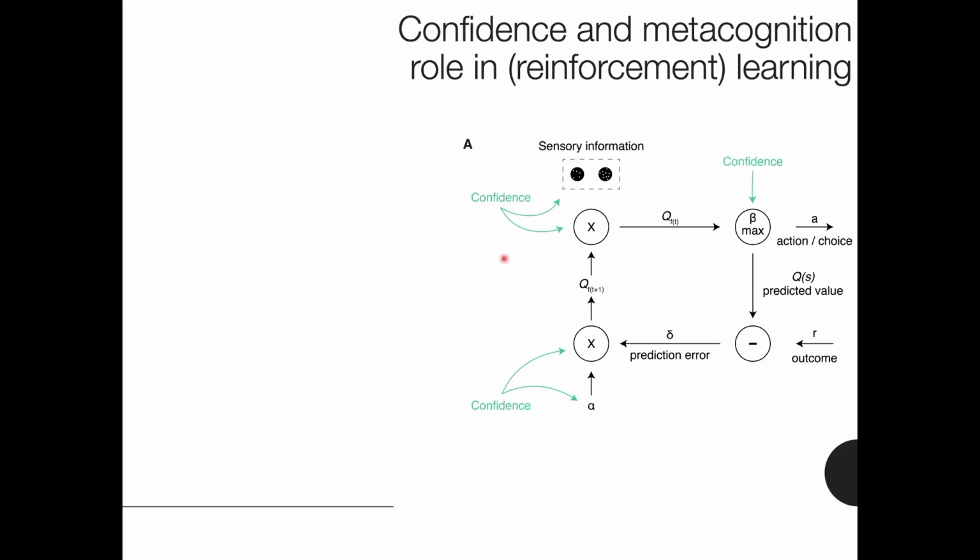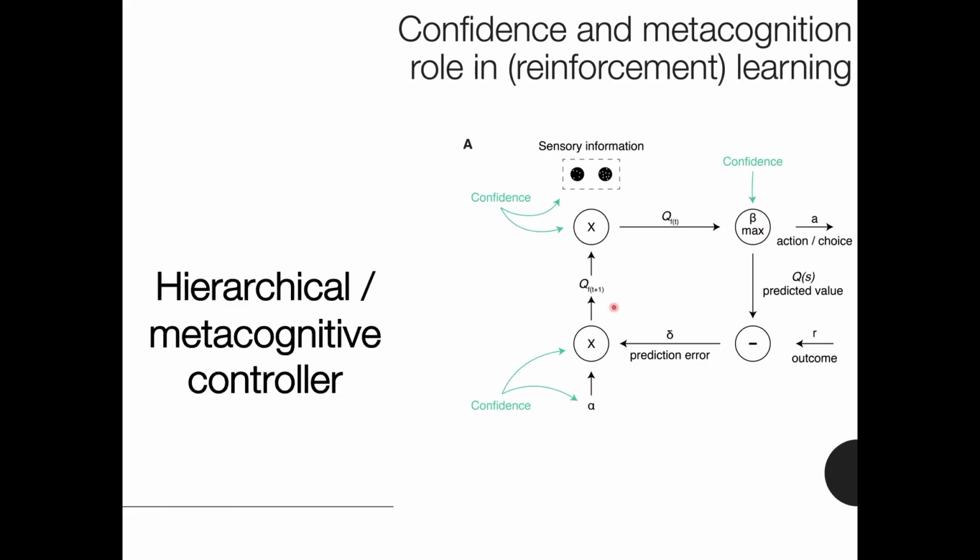If we look at the literature, there are actually several studies that point at confidence acting on different aspects of the reinforcement learning loop: from gating sensory information, to acting on the encoding of the states for the learning algorithm, to controlling the stochasticity of the way the agent takes their action, as well as acting on the learning rate, or on how prediction errors are integrated for further updates and learning. So we really see this kind of hierarchical metacognitive controller.